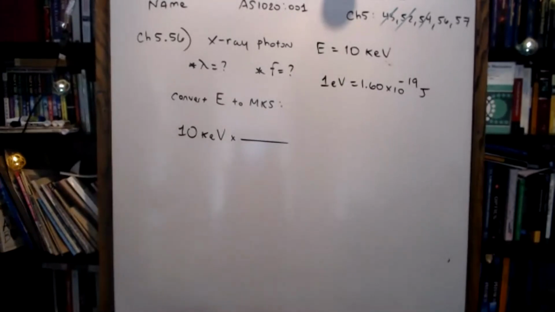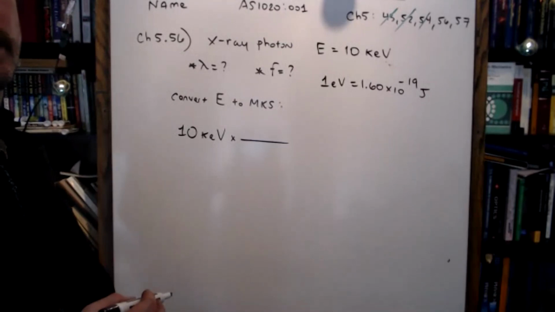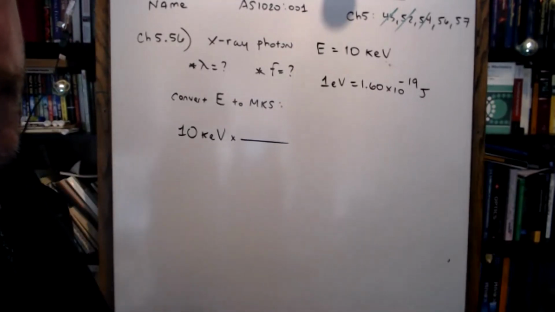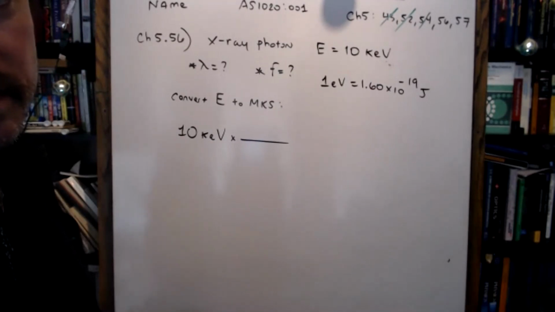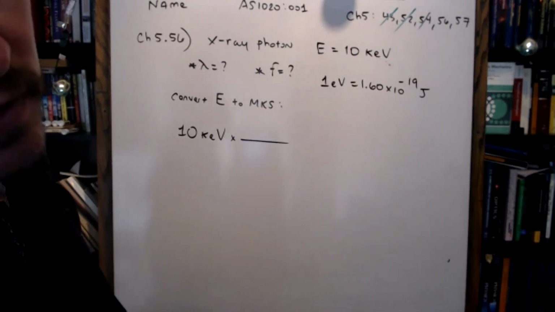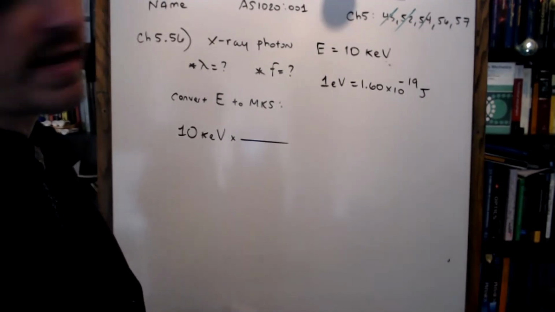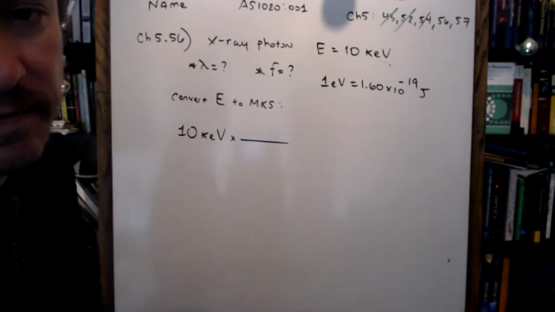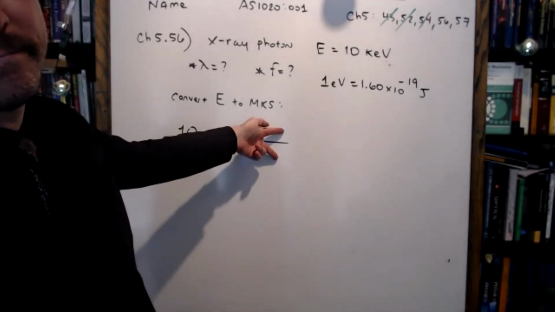Christopher, what are MKS units of energy? Electron volts. Electron volts are units of energy, but they're not MKS units of energy. Okay, do you know what units I should put here? No.